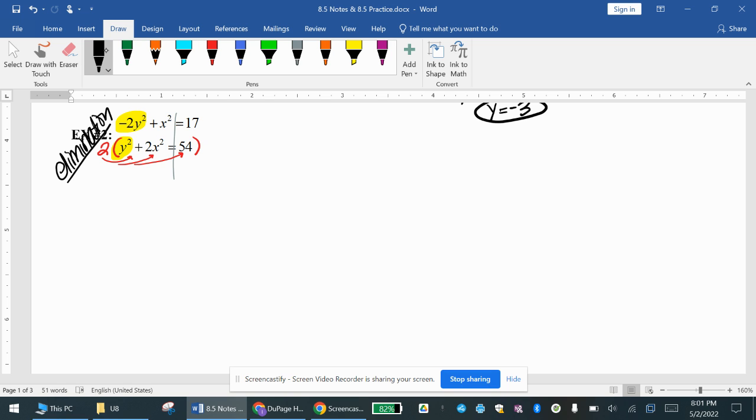So I'm going to keep the equation the same for the top, but I wanted opposites, which is now what I have when I distribute the 2. So now I have 2y squared. Now I'm going to distribute 2 times 2x squared and 2 times 54.